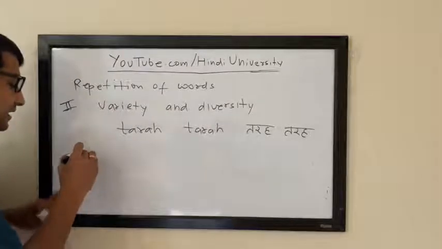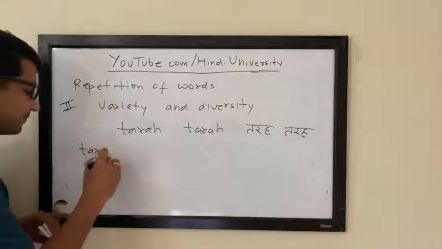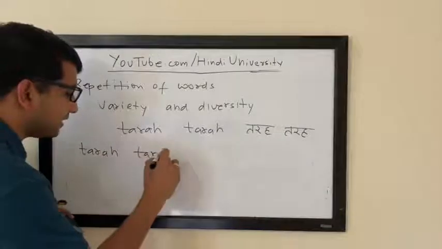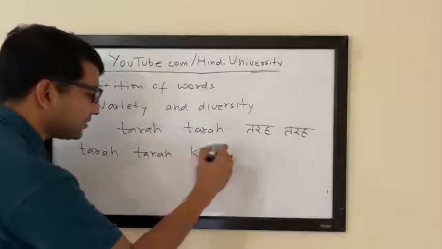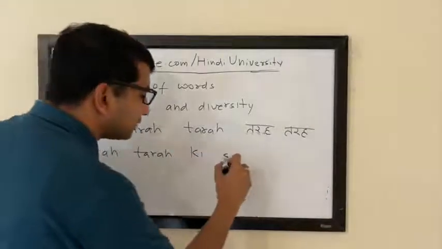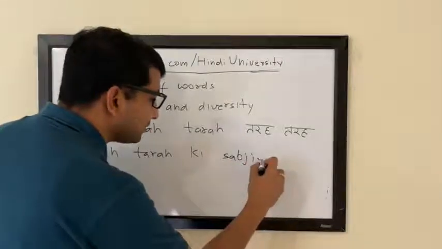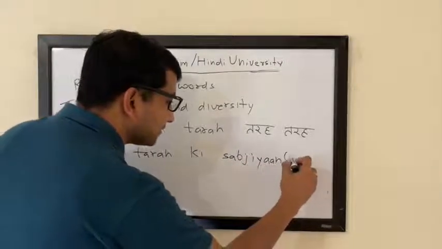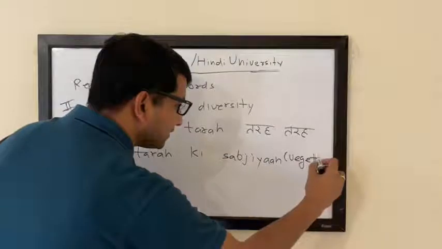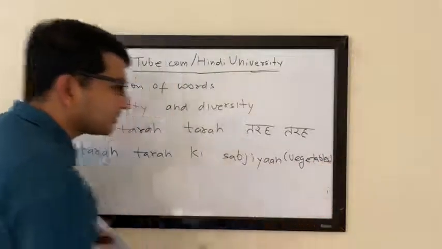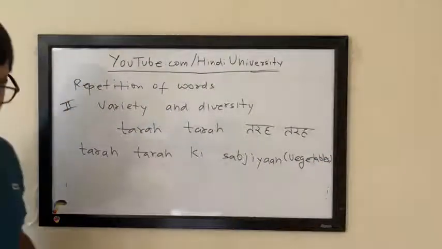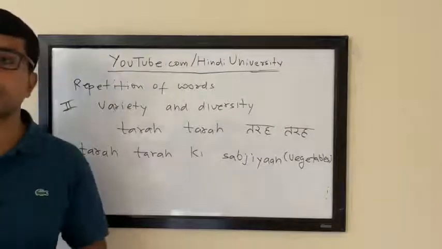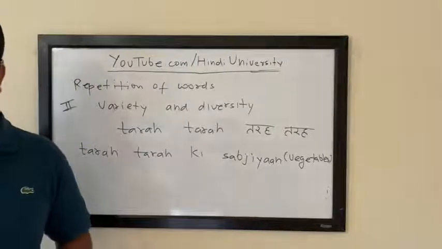You have tarah ki sabjiyan. Tarah ki because sabjiyan is feminine. So tarah ki sabjiyan, a wide variety of vegetables. You can say it in any case, like you go to someone's house and they cooked a wide variety of vegetables.